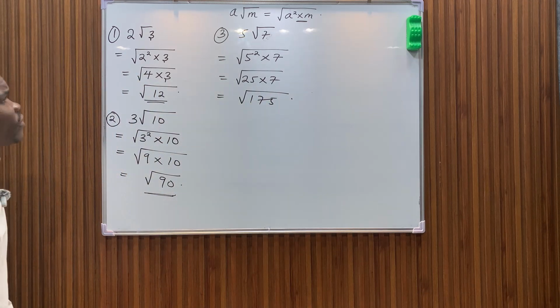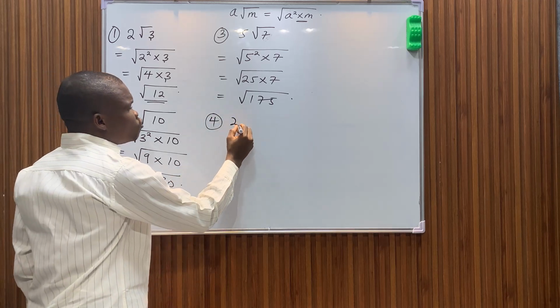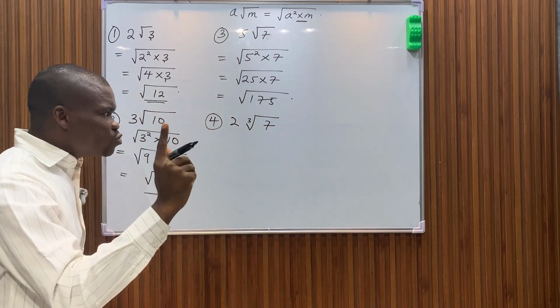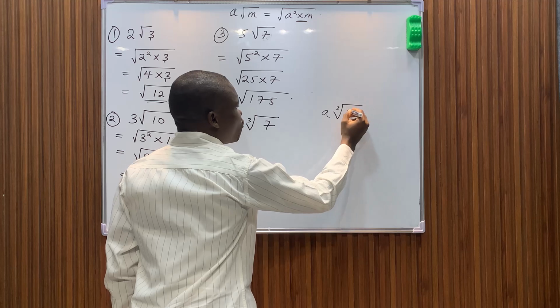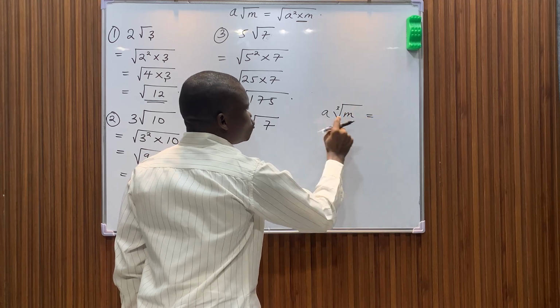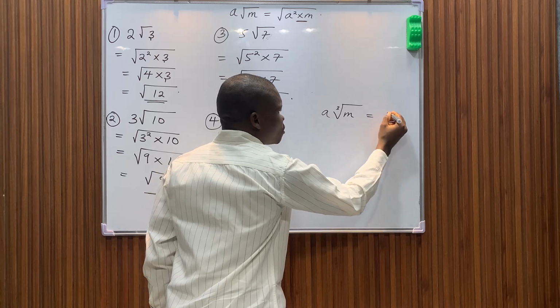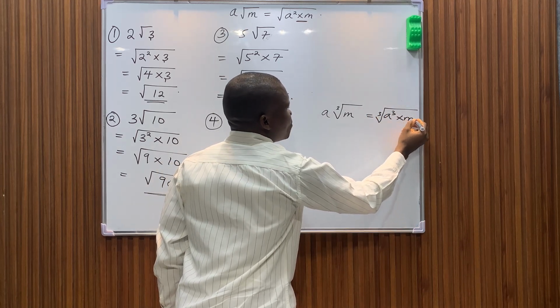Okay. Then finally, number 4, we are given 2 cube root of 7. Remember the rule that a cube root of m, when this a is pushed in because of the cube root, becomes the cube root of a cubed times m.